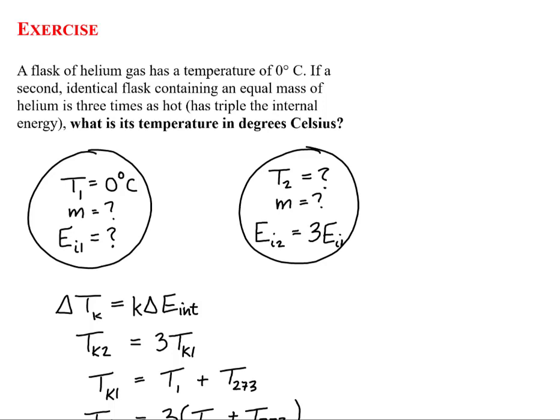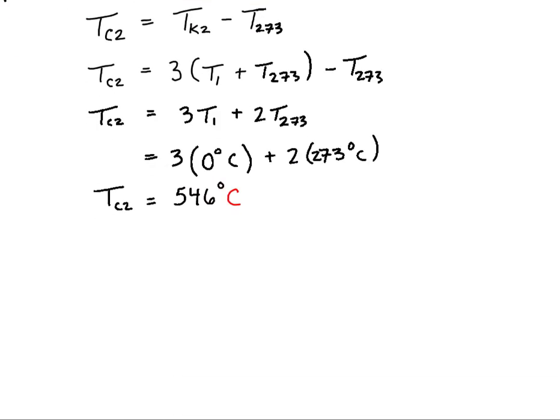In using that, since we had two identical flasks with their only difference being the amount of thermal energy we had, and since we knew the second flask had 3 times the internal energy as the first flask, I was able to recognize that the second flask has to be at 3 times the temperature of the first flask in the Kelvin scale. So I used that fact to set up our problem to solve for our temperature in Celsius ultimately being 546 degrees Celsius.